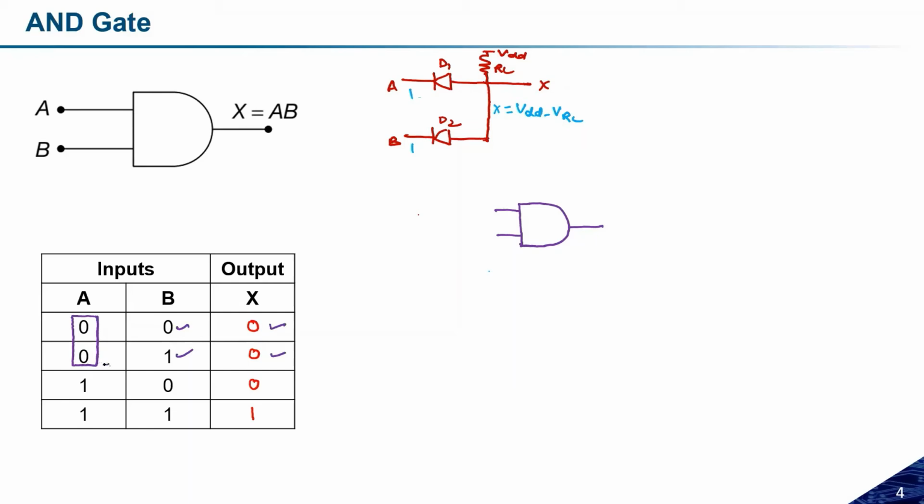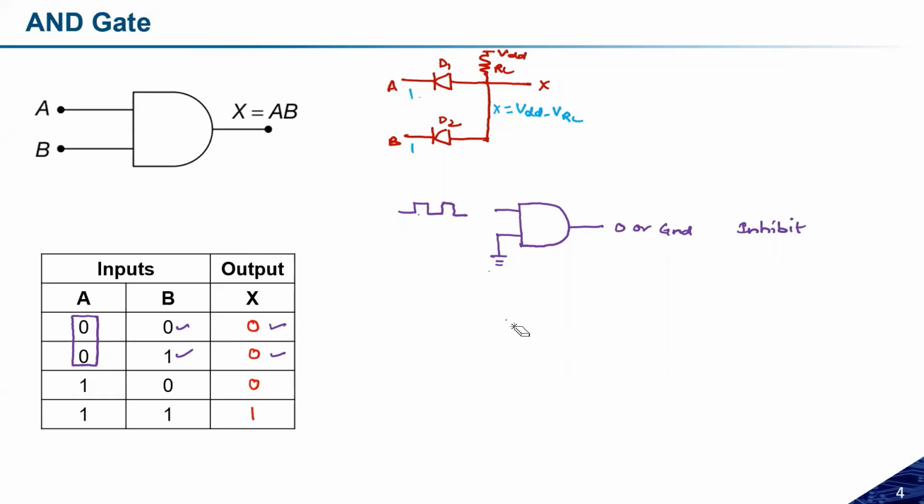If any one of the inputs is connected to ground, even if there is some change in the second input, it does not affect. The output is always 0. If it is like that, we can call this circuit inhibited to logic 0.